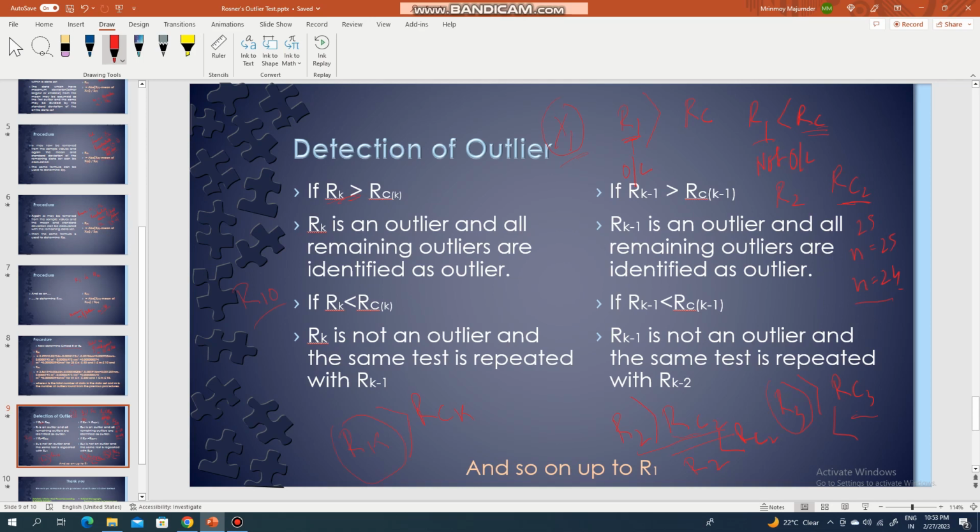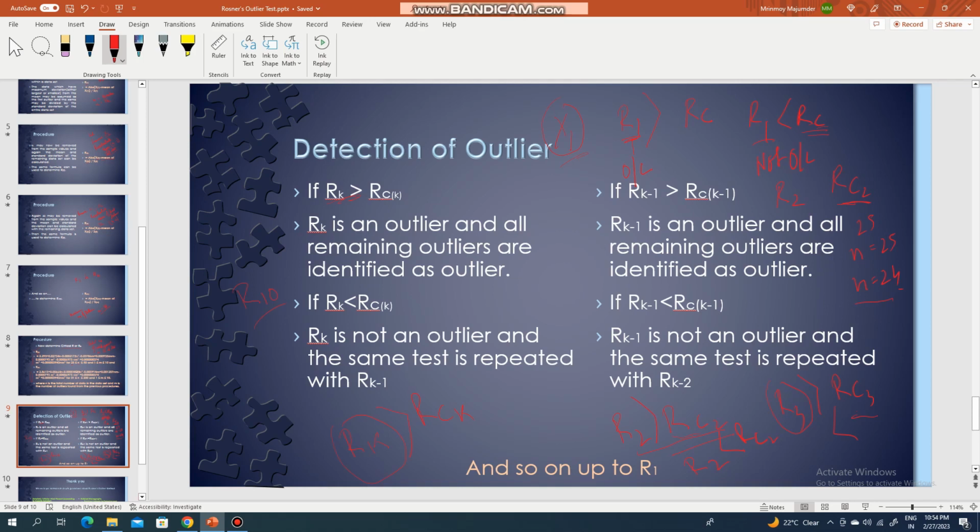Initially, not in the entire procedure. As we are removing data points, this is part of the earlier step. That is why you can recalculate RC with fewer than 25 data points. Always remember that whenever Rk is greater than RCk, Rk is an outlier and all the remaining ones are outliers. But if it is not the case, you have to move to the next one.